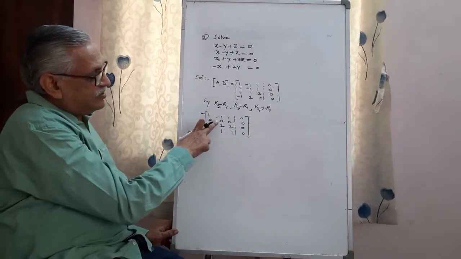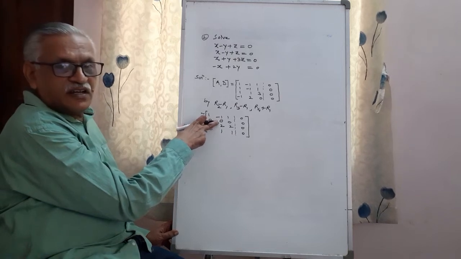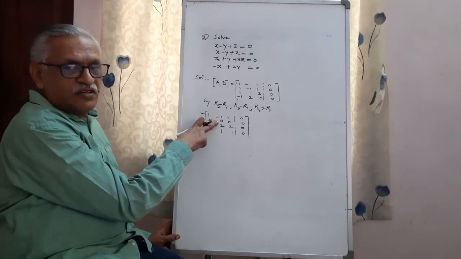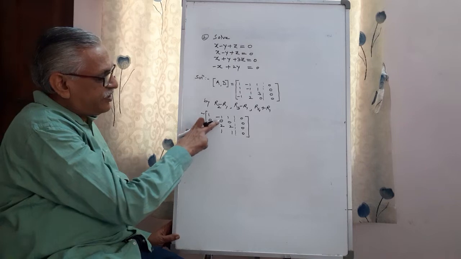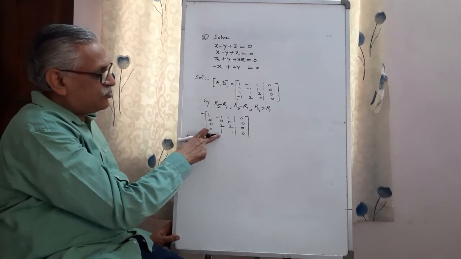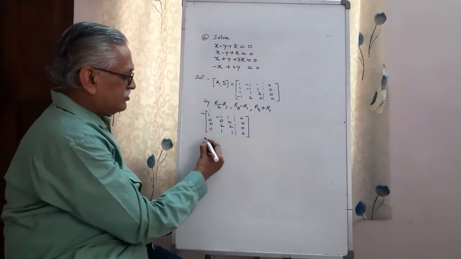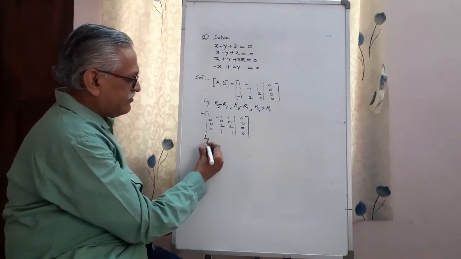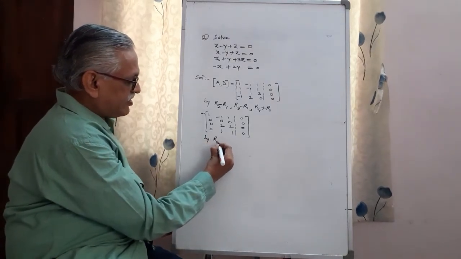Okay. The second diagonal element is here 0. We want non-zero. Therefore, interchange any one of these. I will interchange the fourth row with the second row, R24.